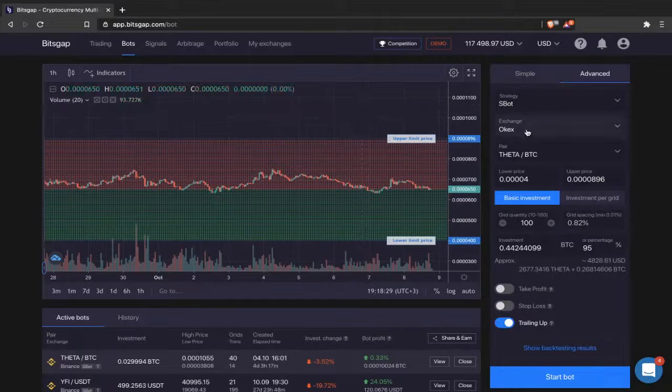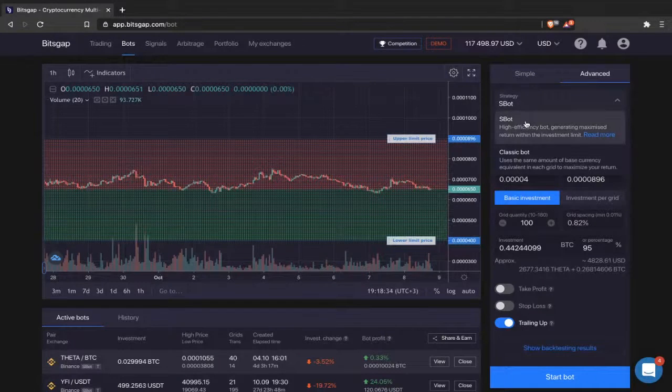So you see, here you have this strategy, and you can select either the SBot or the Classic bot. The difference between the two is that the SBot has a different investment distribution mathematical logic compared with the Classic bot.